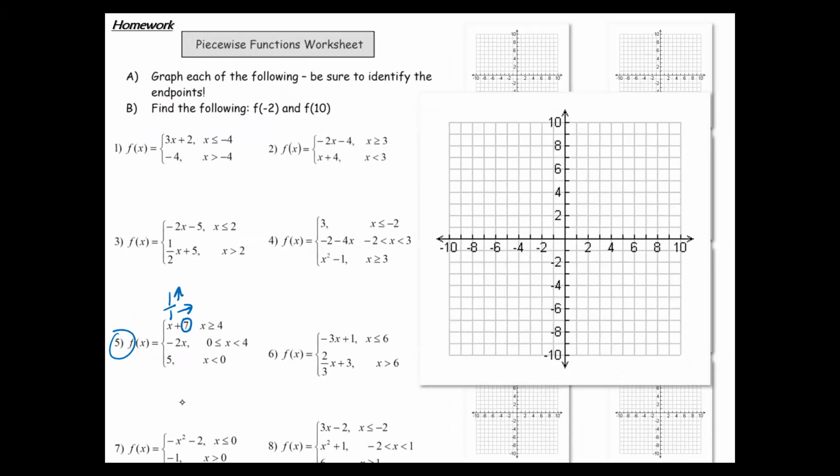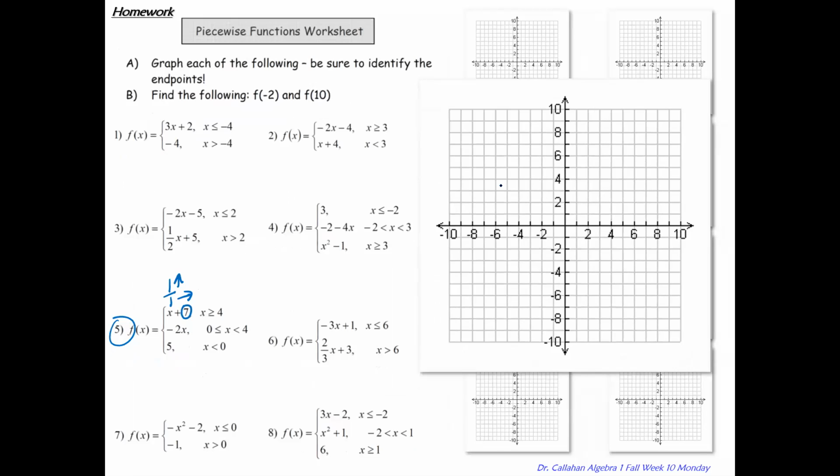All right, so looking at this one here, you start at 7. So here is my 7, go up 1 over 1, up 1 over 1, up 1 over 1.